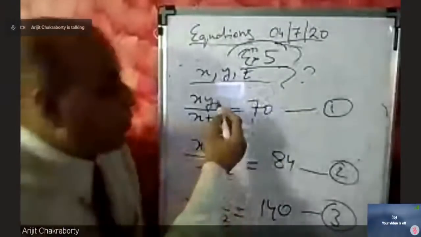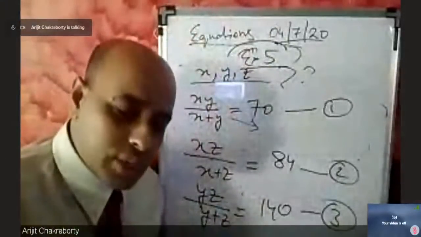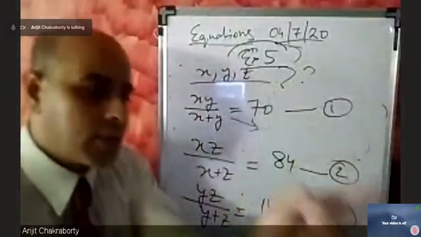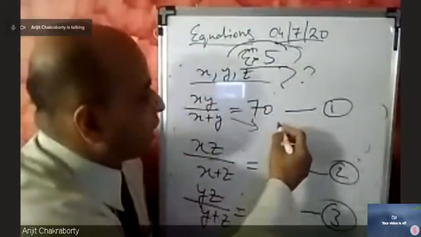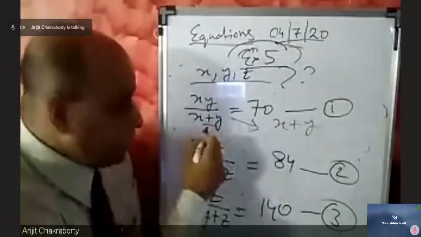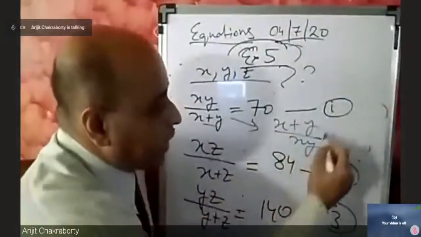So first equation I invert. What will happen? If you invert an equation, dear friends, you have to invert the left hand side. You also have to invert the right hand side. So we are getting x plus y, that is the numerator. The denominator will now become the numerator. X plus y by xy.